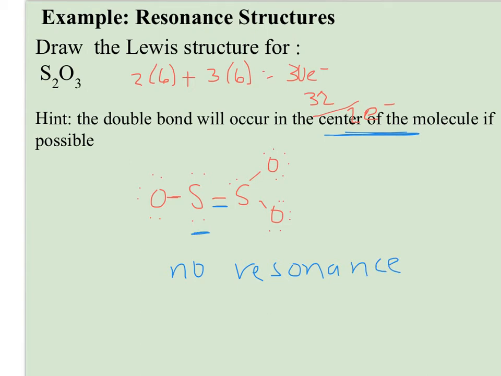The resonance has to be between like atoms, and I only have the 2 sulfur atoms. The rule with molecules is they're going to do whatever they can to keep things balanced around the center of the molecule. So that's why I can assume the double bond would form between those 2 sulfur in the middle. So that's a non-example of a double bond without resonance.